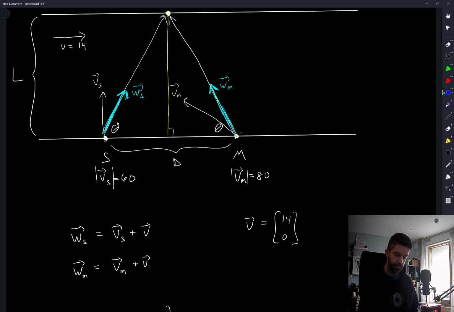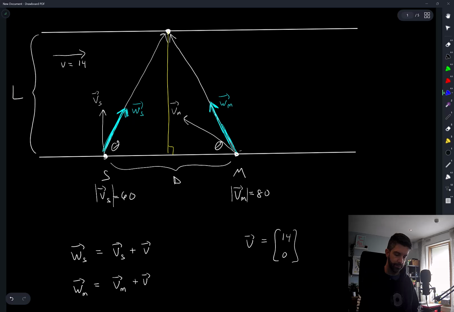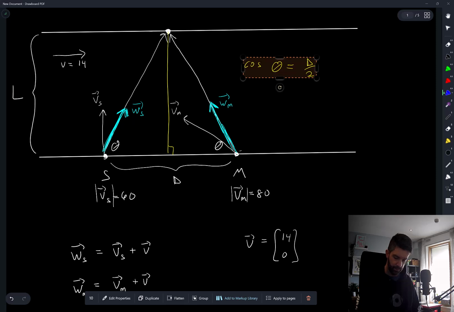So the total distance they go, well, let's figure out this angle theta. Cosine theta is d over 2. No, wait, hold on. We have tan theta.